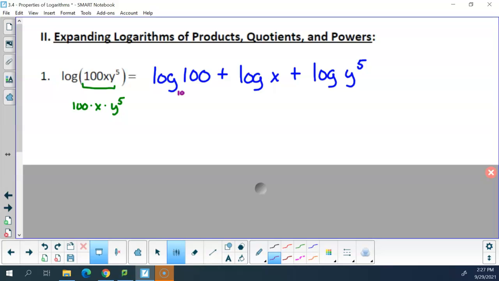So log base 10 of 100 is simply 2. Log base 10, or log of x, is just log of x. That one doesn't get simplified. But on the last one, I've got an exponent, so I can put that exponent out in front, and I can go 5 logs of y.